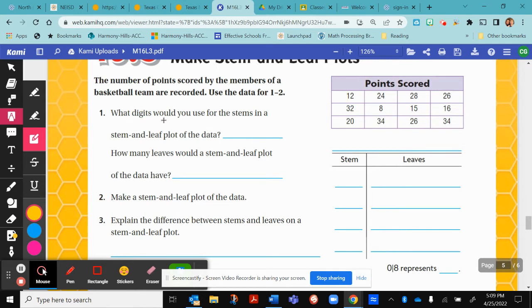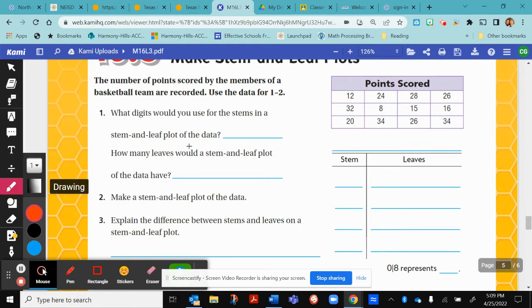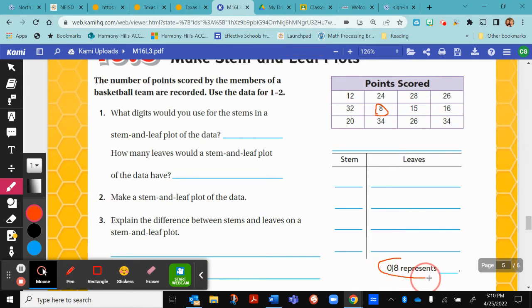So what digits would you use for the stem in the stem and leaf plot for the data? I'm looking at the data, I have a number 1, I have an 8, which is only for the ones place. So if I look at my key right here, it says 0 and this line.